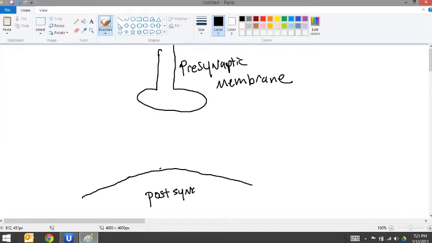Synaptic membrane. Okay, and in the presynaptic membrane, you have these little ion channels that are voltage-gated calcium channels.